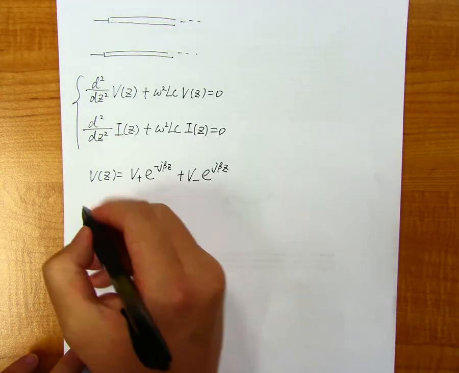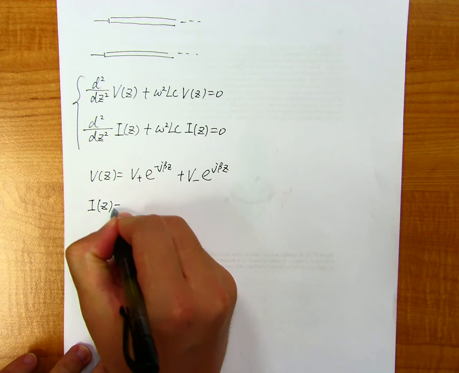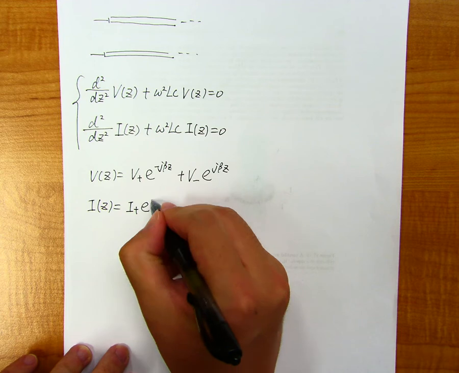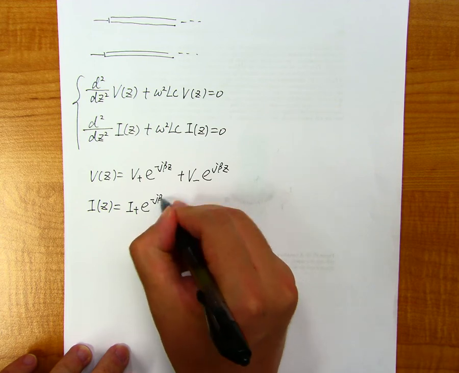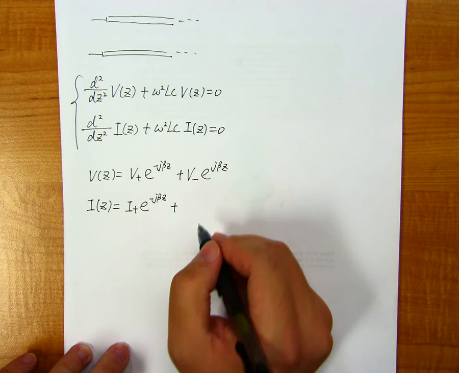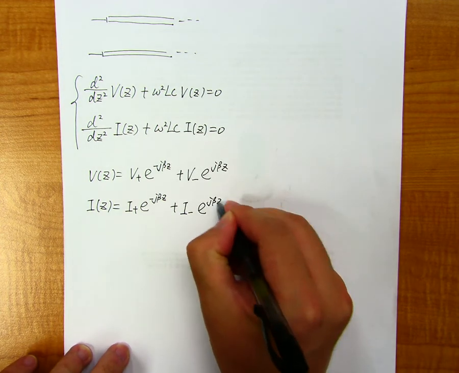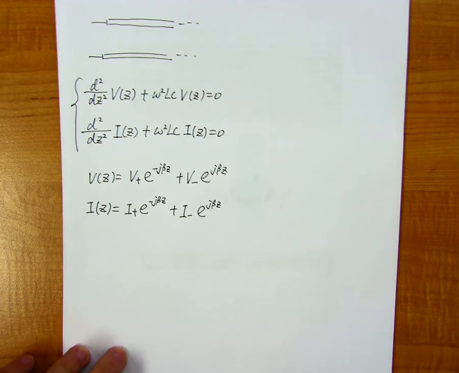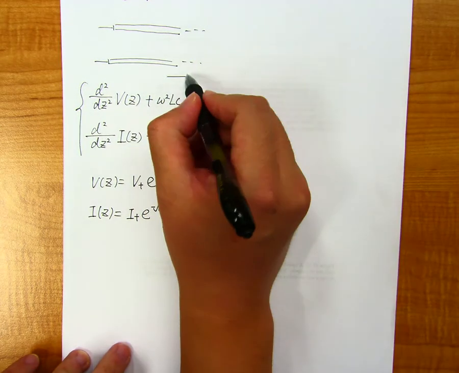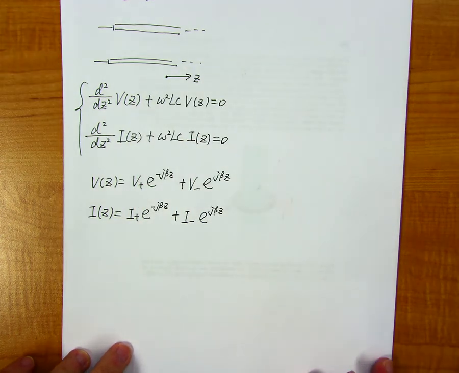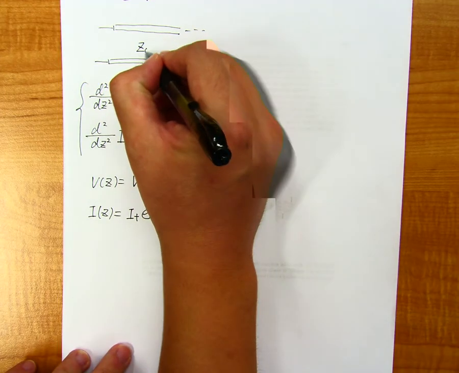Okay, and also for the current I of z, we have a right traveling current wave, I plus e to the negative j beta z, and a left traveling wave, I minus e to the j beta z. Okay, and so this is the z-axis along the transmission line. And we know that this transmission line has its own characteristic impedance, let's say this is Z0.